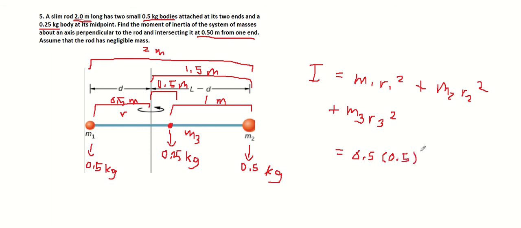Pagkaiba lang is ito, i-raise sa 2. Plus dun sa mass sub 2 natin, mass sub 2 is 0.5 din. Then yung radius o yung moment arm, layo niya mula sa axis of rotation is 1.5 meters. So 1.5 raise sa 2. Tapos yung mass sub 3 natin, 0.25.